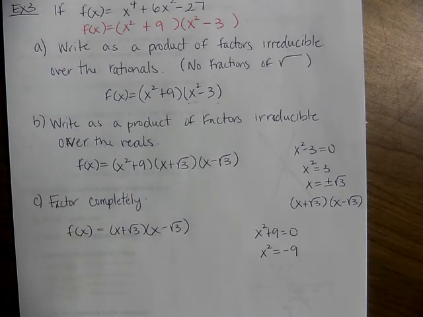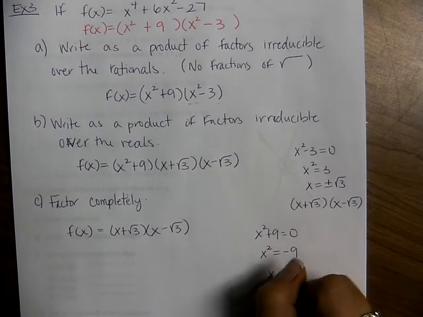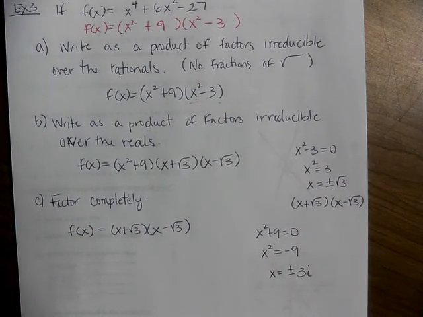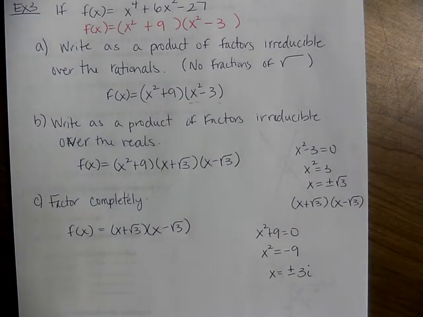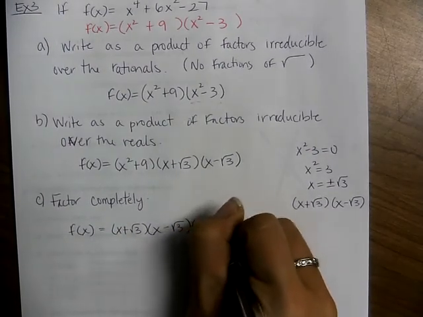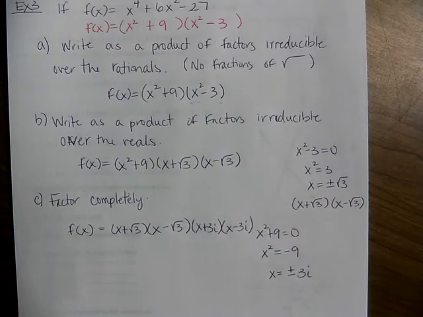Before, I'd say that was no solution, because you can't take the square root of a negative, but I can write it as a complex solution now. When I take the square root, I get plus and minus 3i. So now when I go back to factor this completely, I need everything in terms of a linear factor. I would write that as x plus 3i times x minus 3i, and this would be considered factored completely.